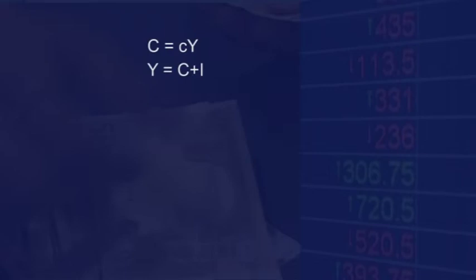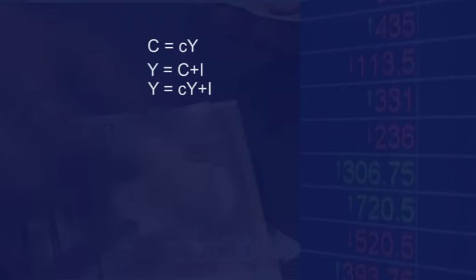But you notice that consumption is always some proportion of income. So in equilibrium, the equilibrium level of output Y is equal to, I'm going to replace C with this term, little cY, plus I. So this is the level of output which will satisfy demands made upon it.